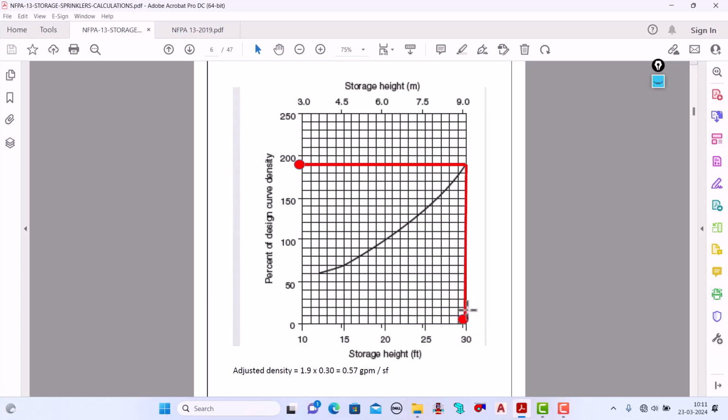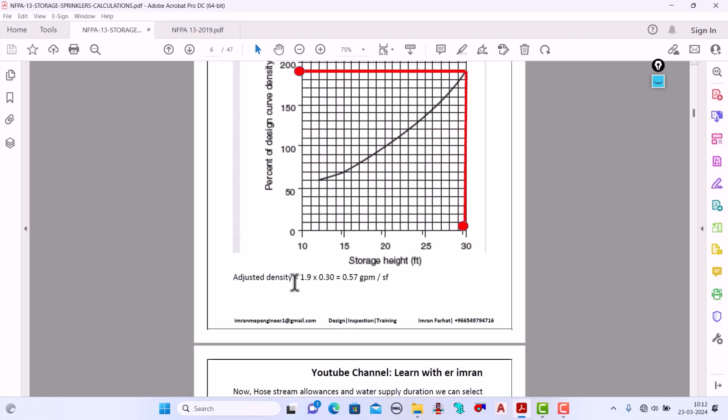So according to 30 feet, this is the percentage of design curve density. 30 feet is storage here, and on that what is the percentage density? It will come 190, right? It means 190%.